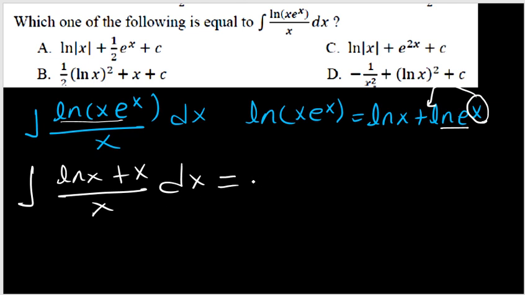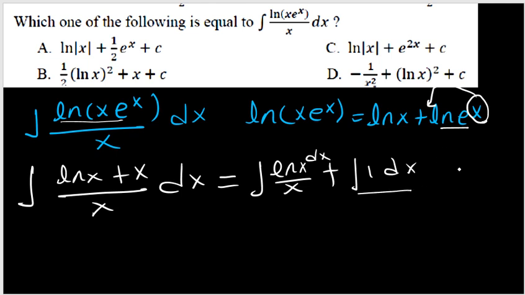So this one we can write as the integral of ln x over x plus x over x, which means just 1, the integral of 1 dx, and there is dx, don't forget. This integral is very easy. This will be x, but this part we have to apply substitution again.